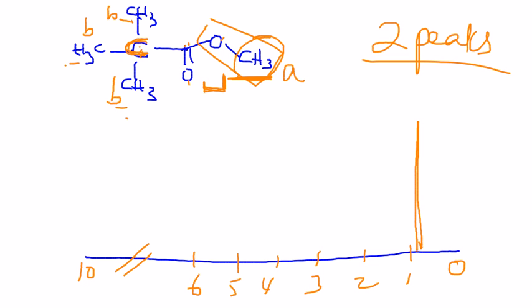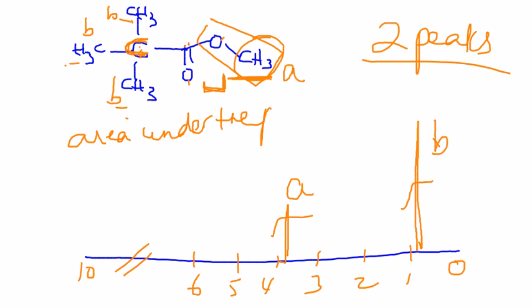You're going to have 1 peak which is going to be more deshielded, and that's reflective of the A protons. The other is reflective of the B protons, and you can determine the area under the peak, and that will give you the number of such protons that are present.